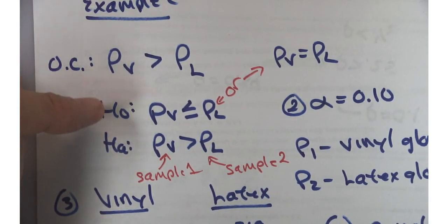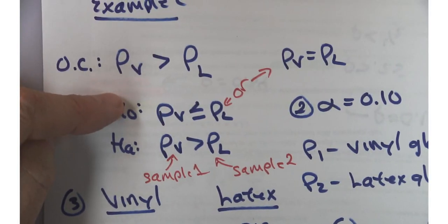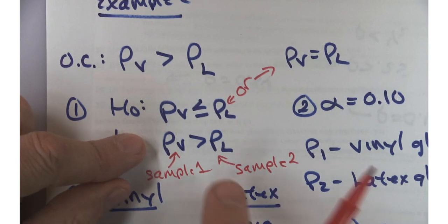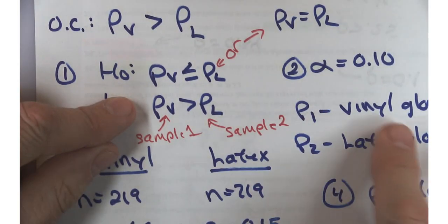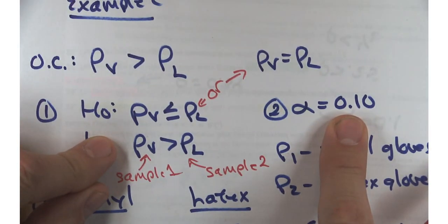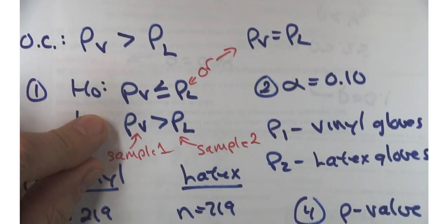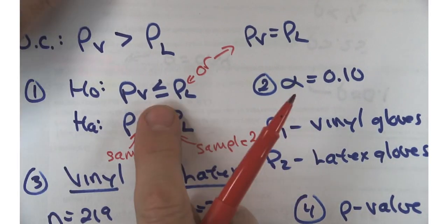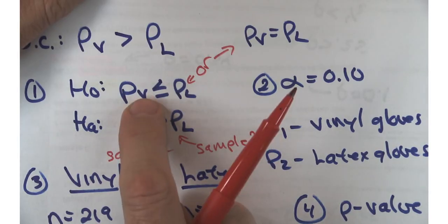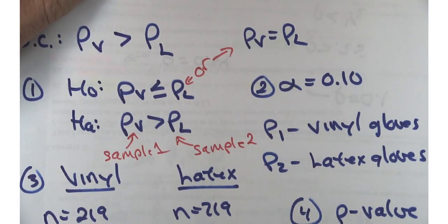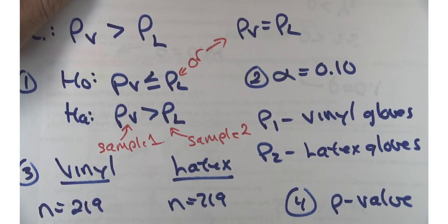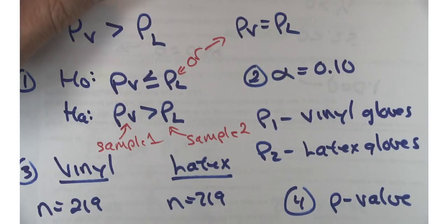Are we going to reject H0 or fail to reject H0? Reject. Now that's going to mean our value of alpha is going to be less than 0.10. Now the smaller your p-value is, the more confidence you can feel in rejecting H0. So the smaller the p-value is, the smaller and smaller chance it is you're making a type 1 error.